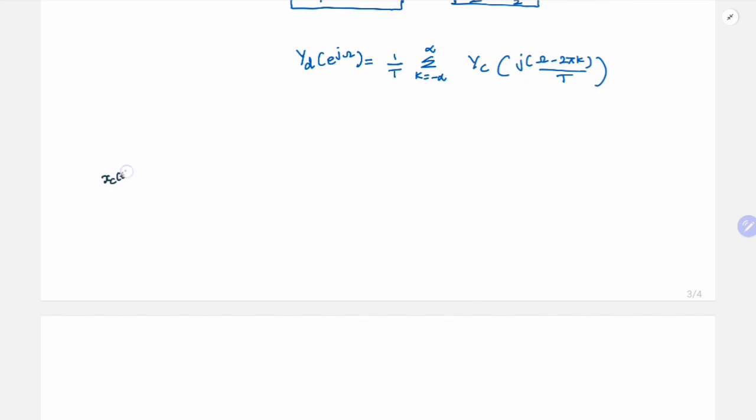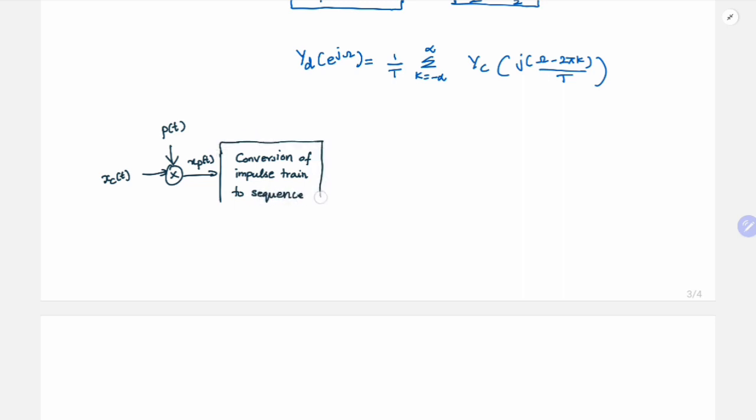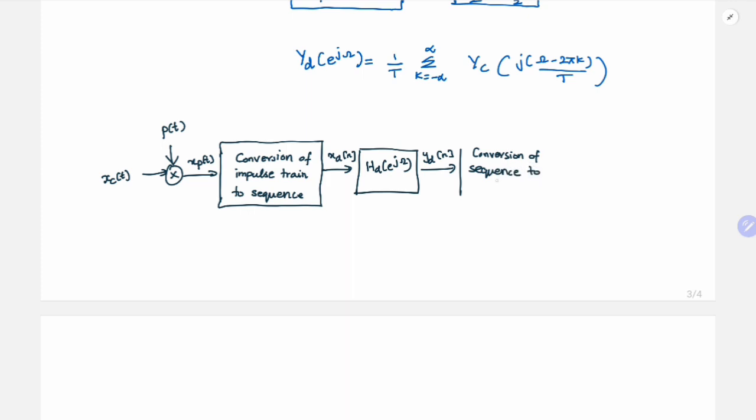I have xc of t, I multiply it with p of t, I get xp of t, and then I do conversion of impulse train to sequence, then I'll get xd of n, and then I pass it through a discrete time filter with Hd of e power j omega, and then I'll get yd of n, and then I do the conversion of sequence to impulse train.